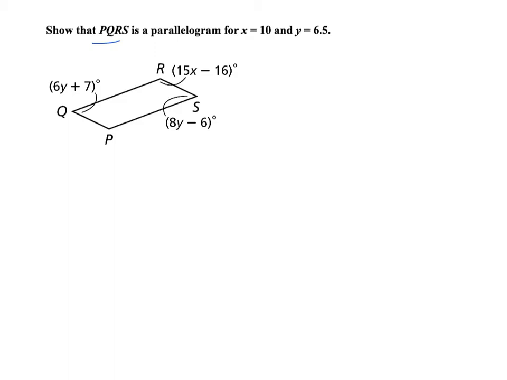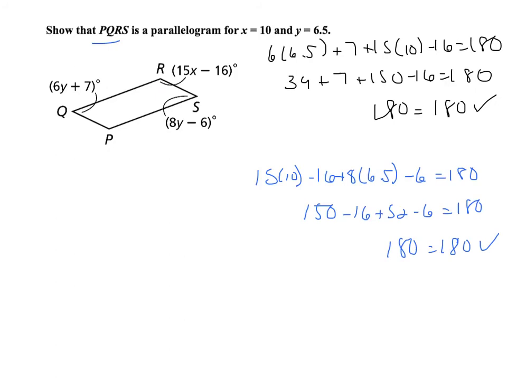All right, so going over your conditions, the one that you should have noticed fit our picture, looking at these angles, is that our consecutive angles will have to be supplementary. Well, in order to test that, we'll have to see if Q and R add to equal 180, and then if R and S add to equal 180. If this happens, then we know that it's a parallelogram. So please check to make sure that our consecutive angles are supplementary.